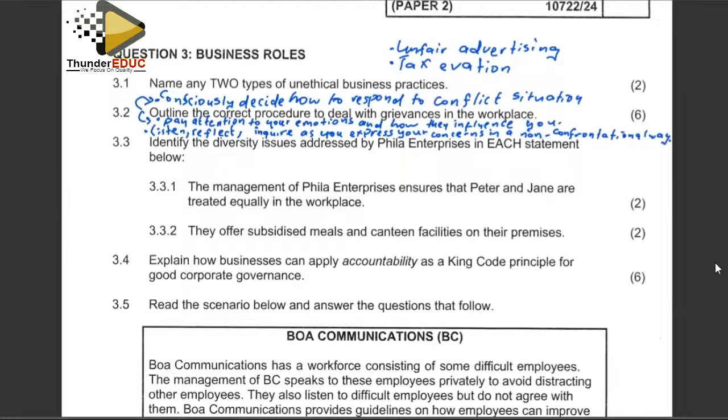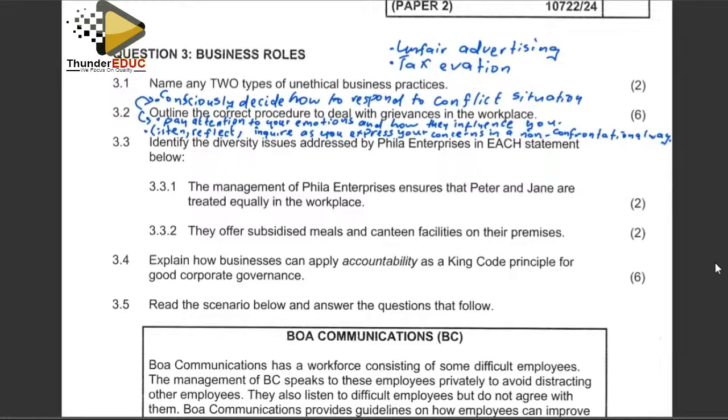Okay, so in order for you to raise your grievances, you should always conscientiously decide how to respond to conflict situations, pay attention to your emotions and how they influence you, and listen, reflect, and inquire as you express your concerns in a non-confrontational manner.